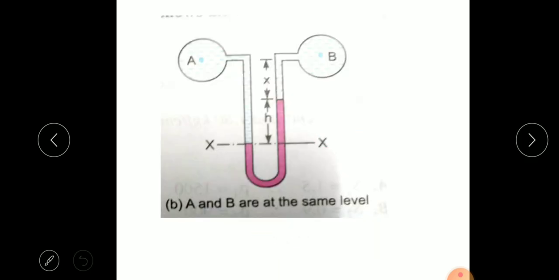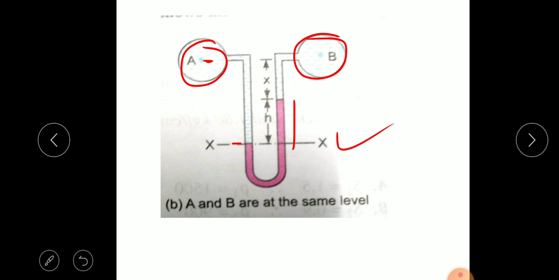Next, if the two pipes or the points where we have to measure the pressure are at the same location, we again take xx as a datum line. In that case also h is the difference between the mercury levels.